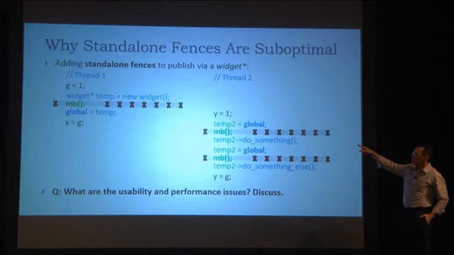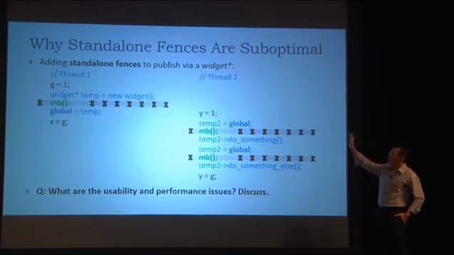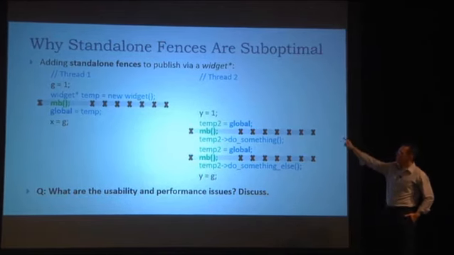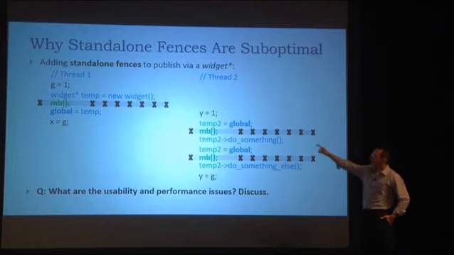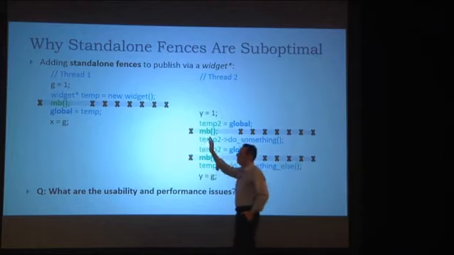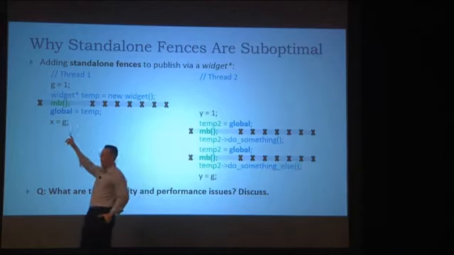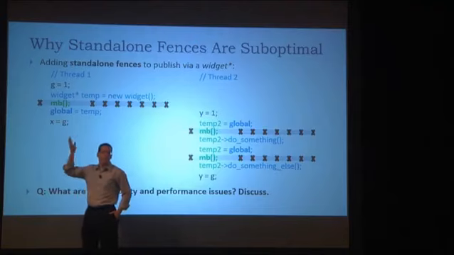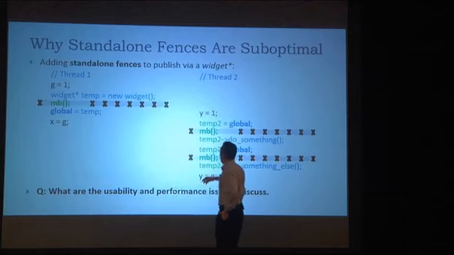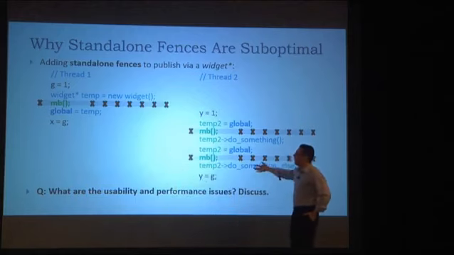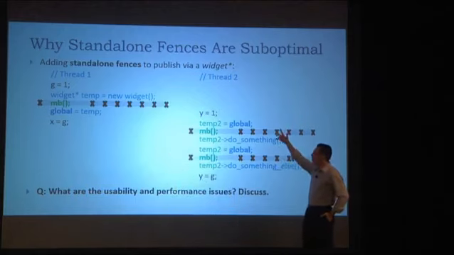If we have this other work we're doing, say that we have a global variable, g equals 1 in thread 1, then I do the widget construction, the barrier, the assignment to global, then I say x equals g, just for some reason. I do some other work. Over here in this thread, I have some other variable y. I set y equals 1.